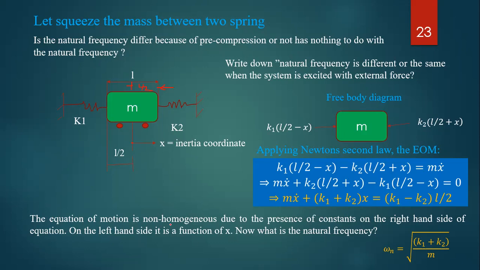So the equation of motion here is non-homogeneous due to the presence of the constant on the right-hand side. On the left-hand side, the terms are functions of x, but on the right there is no x term. It is constant, which makes the system non-homogeneous.